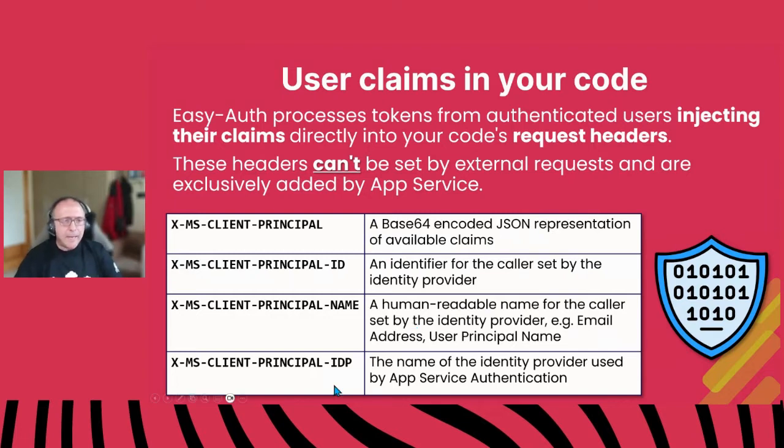And the principal IDP is the name of the identity provider. Because remember, you can have more than one identity provider in the same app service, so you can have a solution that allows the user to log in with Entra ID, Google, and GitHub. Okay, so you know what kind of identity provider is used by the user.